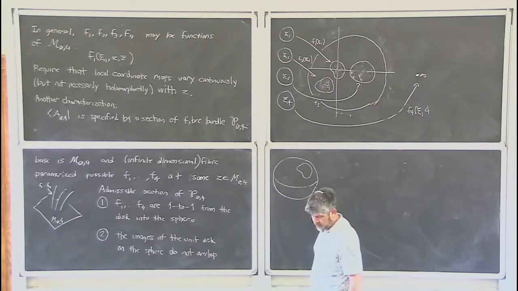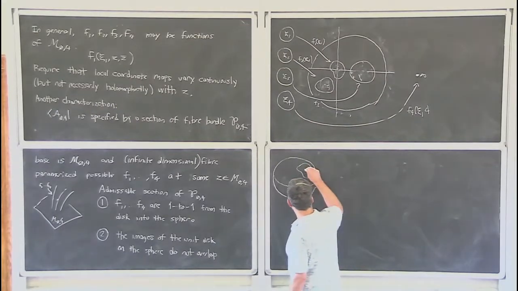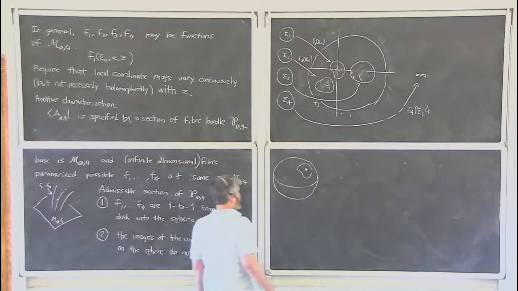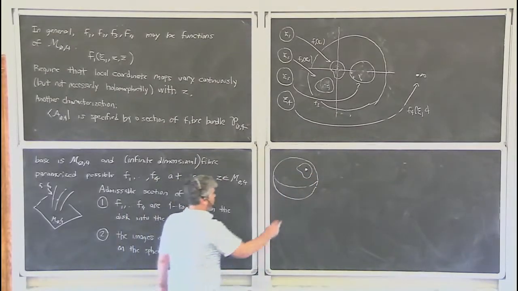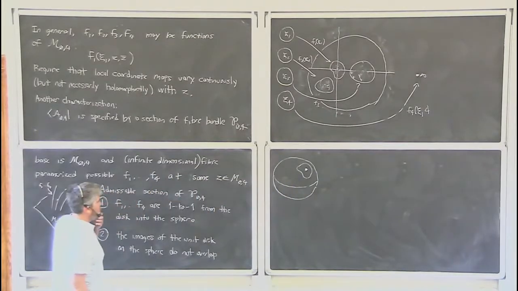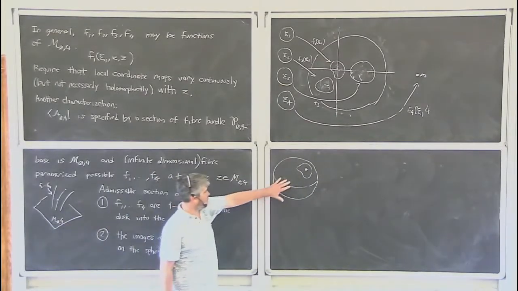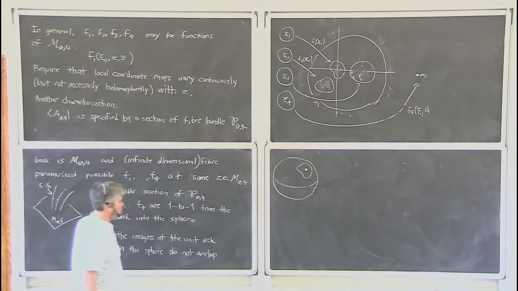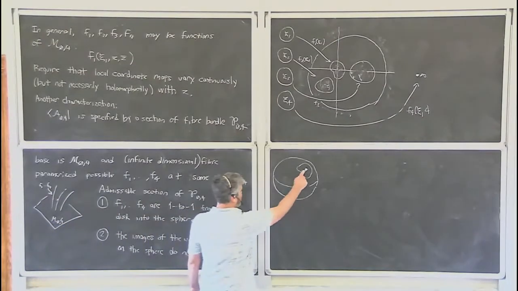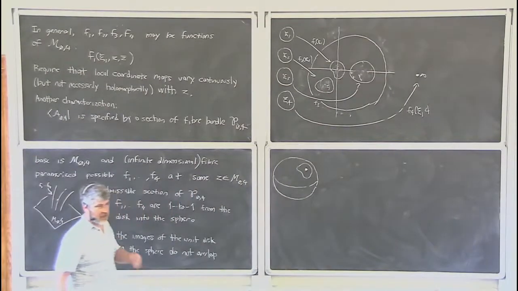So this is the image of the puncture, and this is the image of the disk, and this is the sphere. Suppose that we want to evaluate this correlation function with a state which is not of the form of a local vertex operator inserted on the disk.